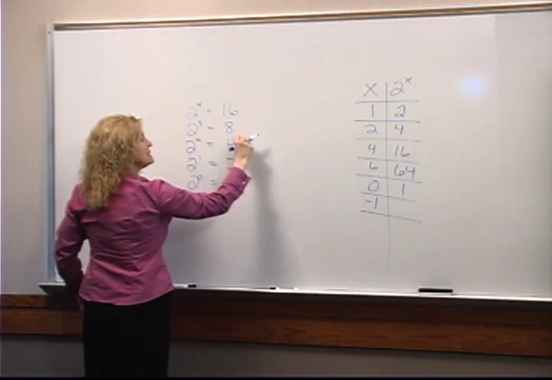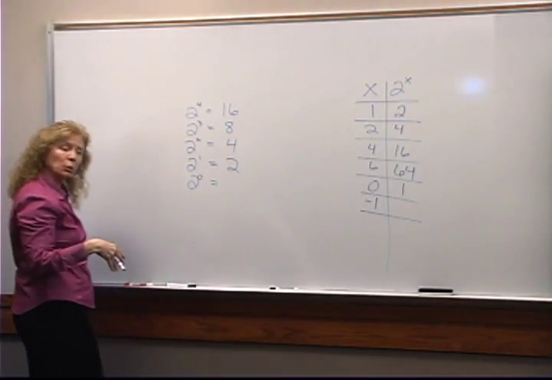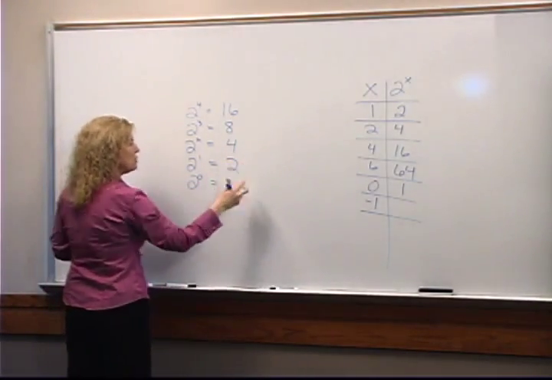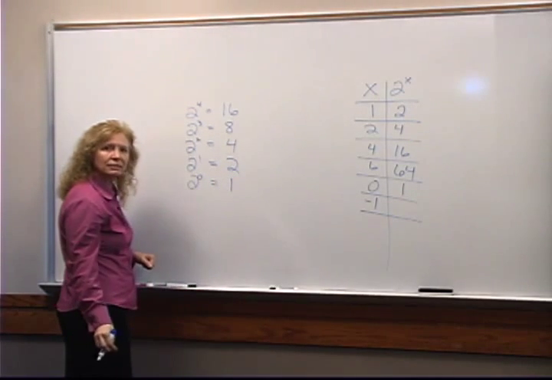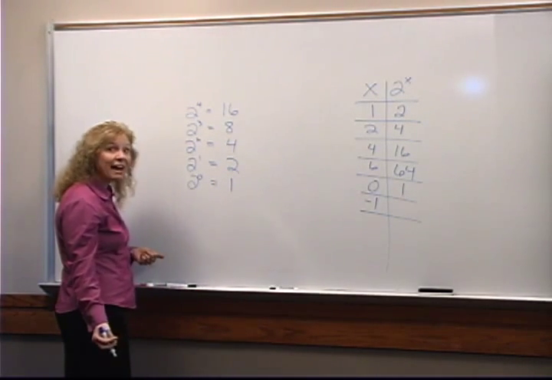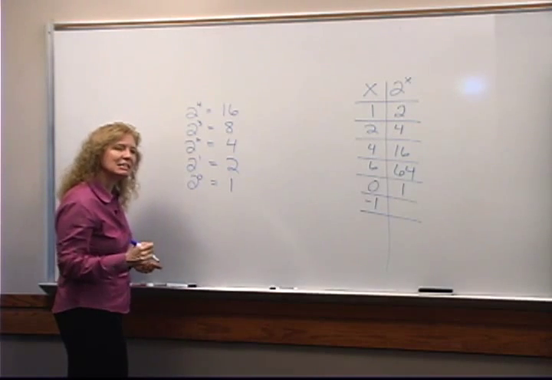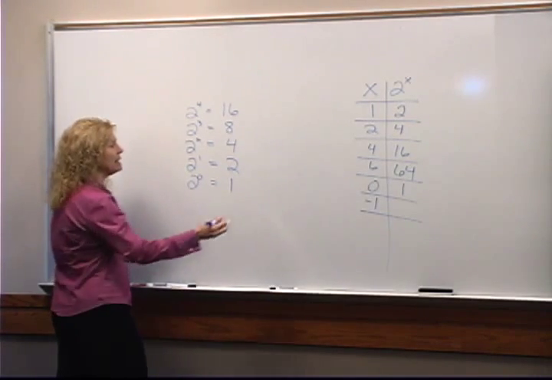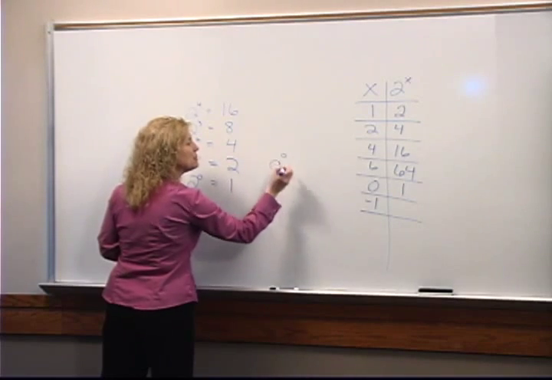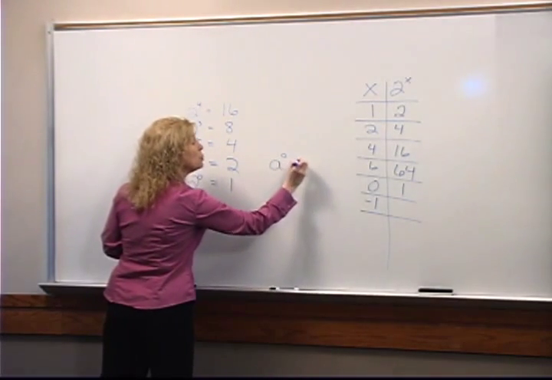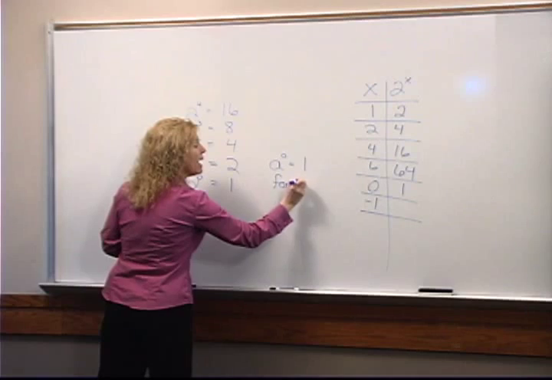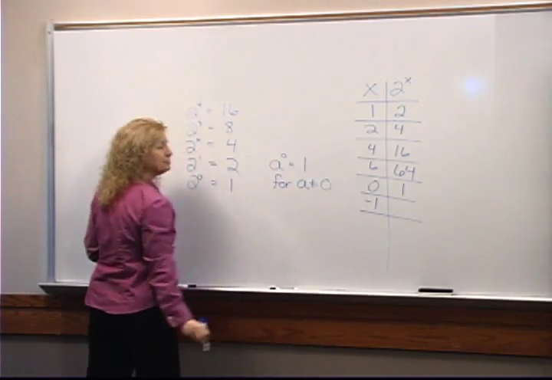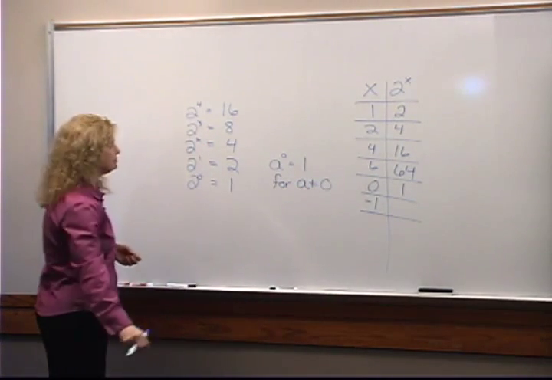And on the right-hand side, you just see where I divided by 2. So 2 divided by 2 is 1. That's why it was very sensible to define a to the 0 is equal to 1 for a not equal to 0. 0 to the 0 is not good.